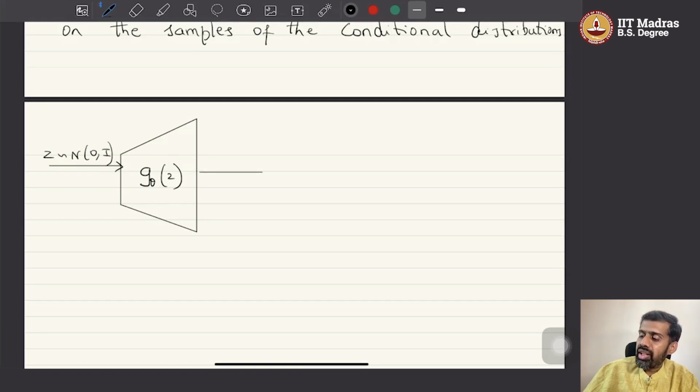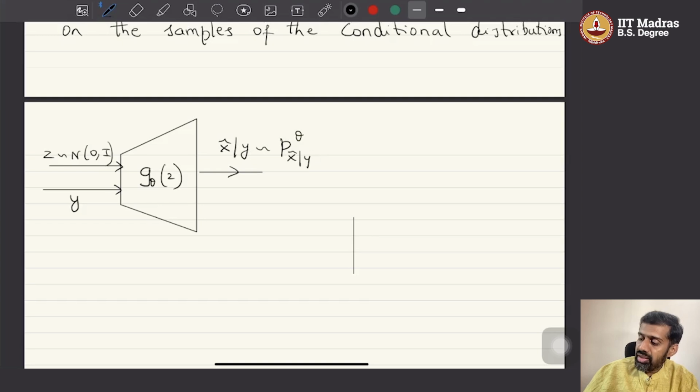Additionally, one should also feed y that corresponds to that particular x as input. So the class label also goes as an input to the generator. This generates a sample x cap conditioned on that particular label. Let's call this p_theta of x conditioned on y. This is the distribution that we want to model.